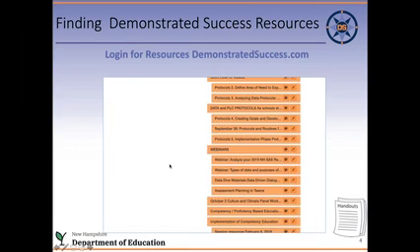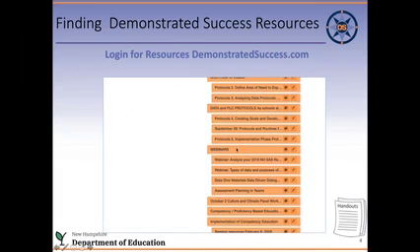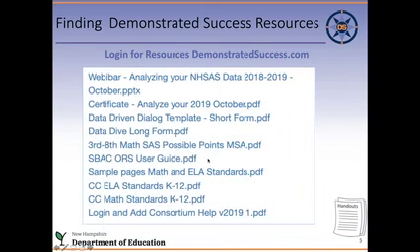If you log on, you have to follow those directions because there's a code you have to enter and you have to sign up and enter your email. And once you get to this section, you can scroll down and find the webinar section. And this is Analyze Your 2019 NH SAS Data. If you click on that, you'll see a list of documents that are available to you. So you don't have to do that right now, but after the webinar, you could do that.